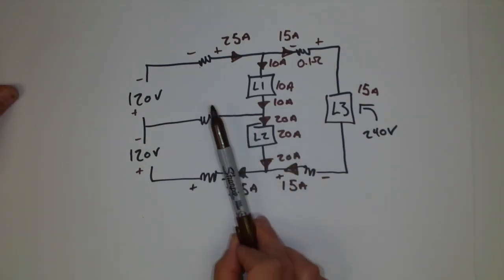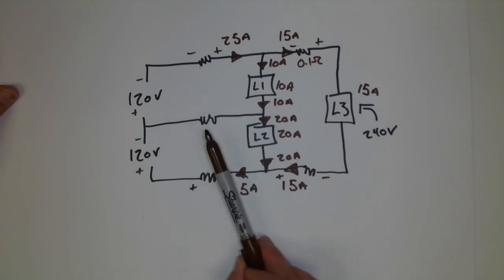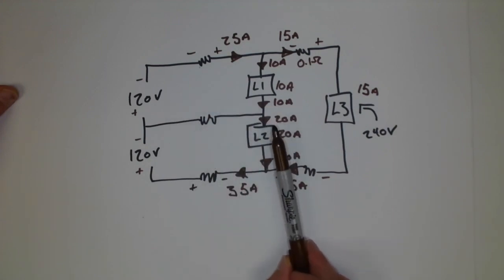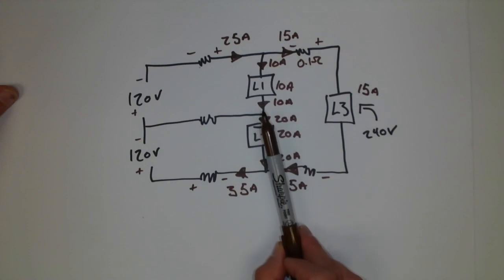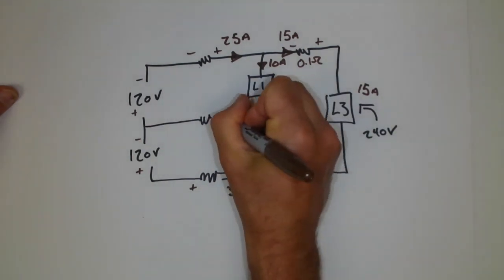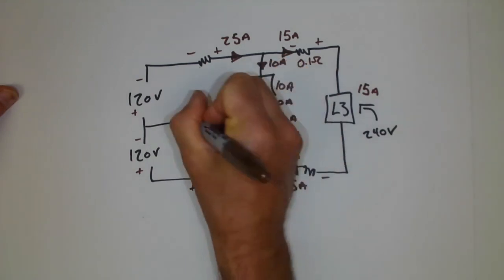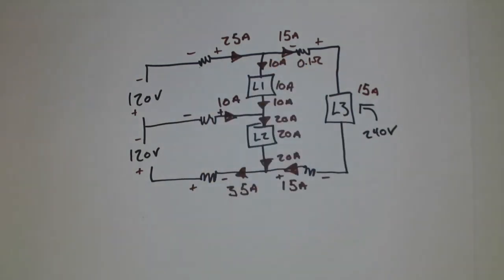And now I can work out the value of current on the neutral. It's 10 amps, and we can see by the direction of the arrow, 10 amps enters the junction, 20 leaves, which means another 10 must be entering the junction, which would mean the polarity of that particular portion of the circuit, negative, would be on the left.